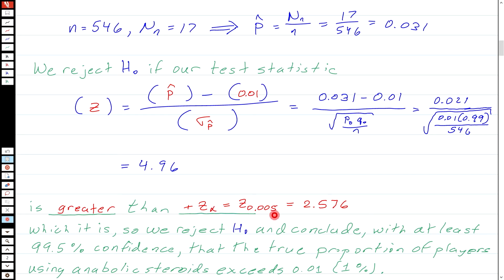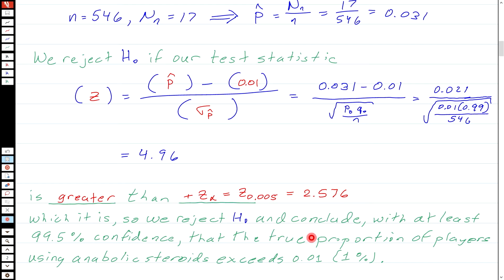Alpha was 0.005, and if we look at our tables, that's 2.576, and this test statistic is bigger than 2.576, so we reject H naught and conclude with at least 99.5% confidence that the true proportion of players using anabolic steroids exceeds 1%.